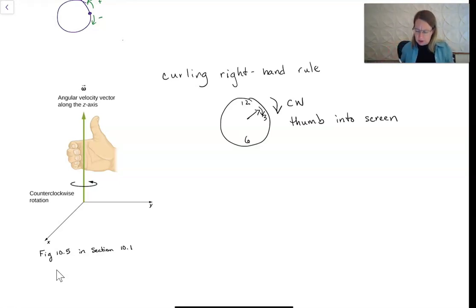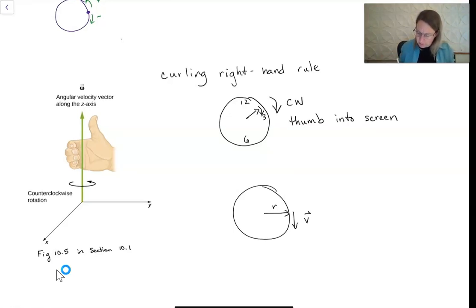And as long as we use our right hand, everything is going to be consistent. Because it turns out that if we have something that's rotating like this, let's do the one that we already did. Let's do V like this, so that would be our omega curling. This is clockwise, so our thumb into the screen, so omega is into the screen.